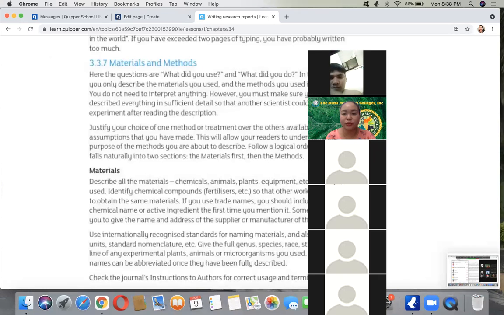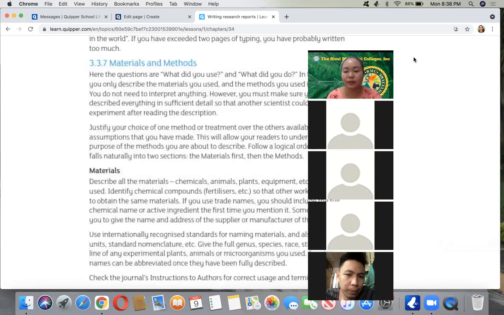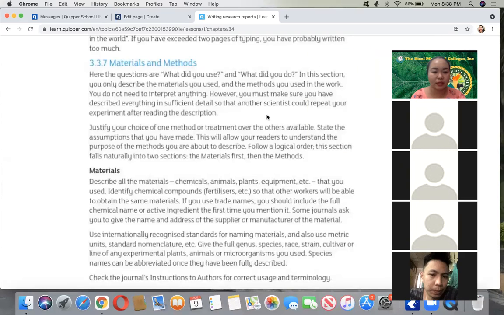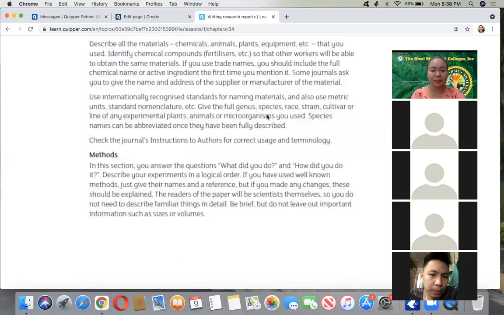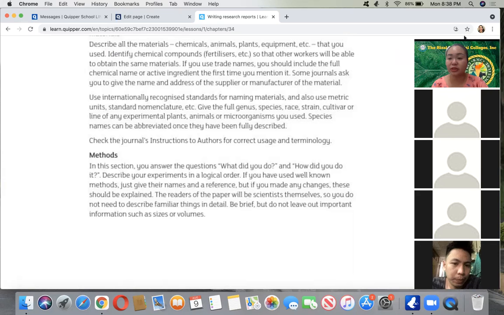Okay, so to continue, for the methods, this is what you did. So you have to be specific. Last time I gave the example: how did you measure the plant height?